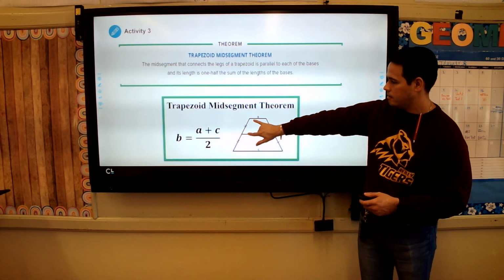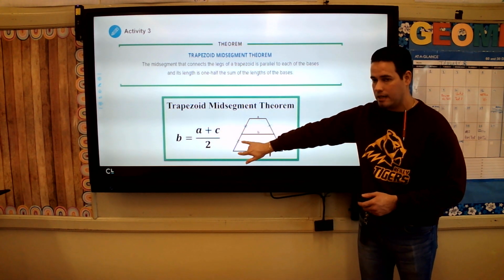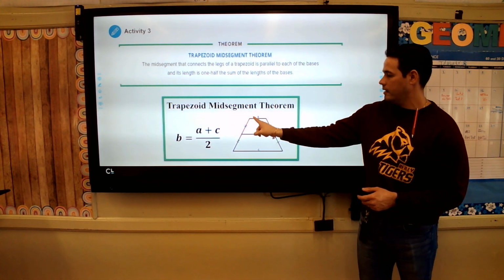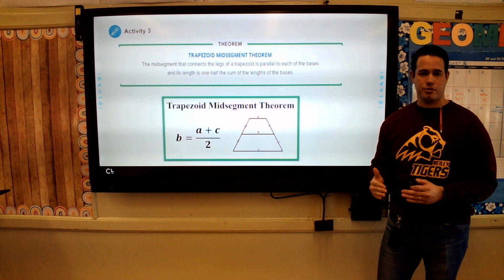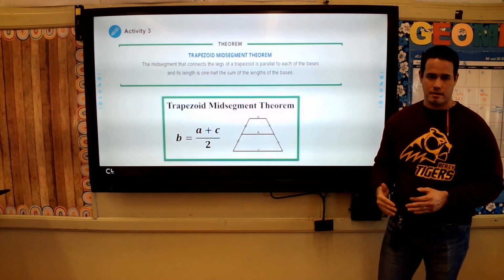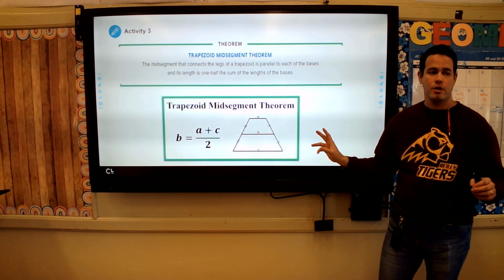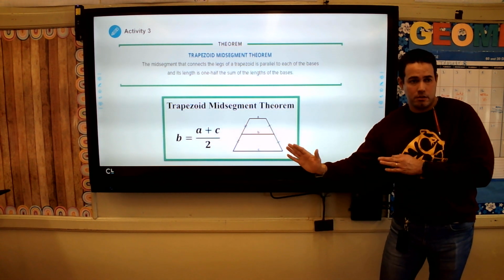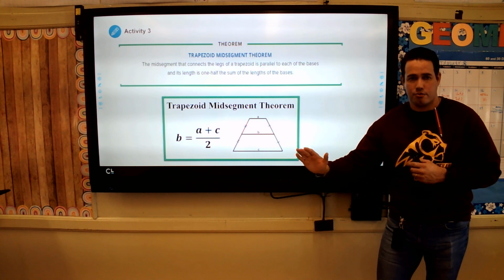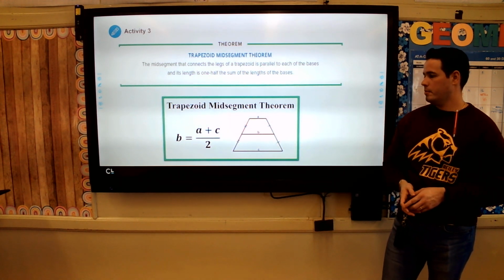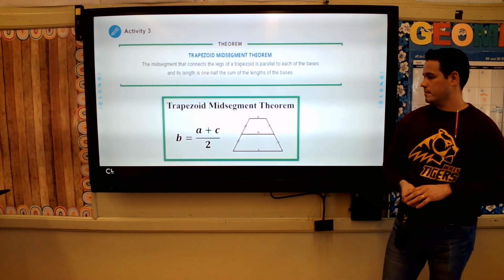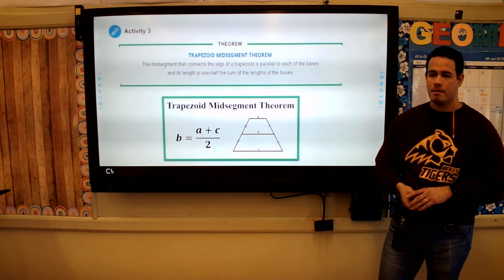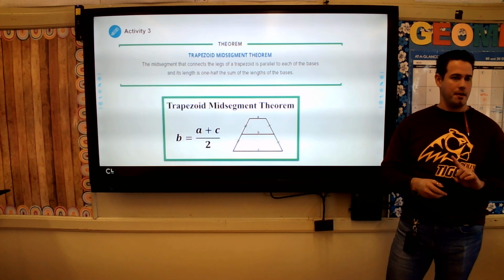So the distances here are the same, and the distances here are also the same, but the two legs are not necessarily the same length. This applies to any trapezoid, not only isosceles trapezoids or right trapezoids. All right, everybody good with that?